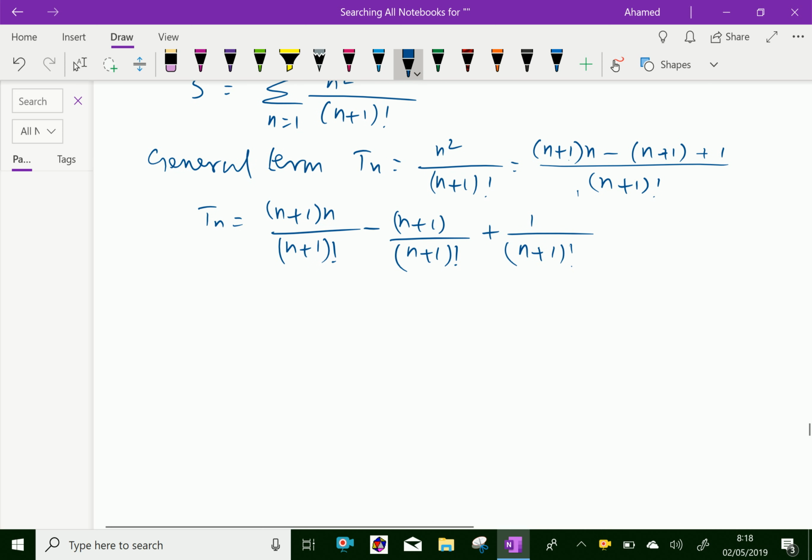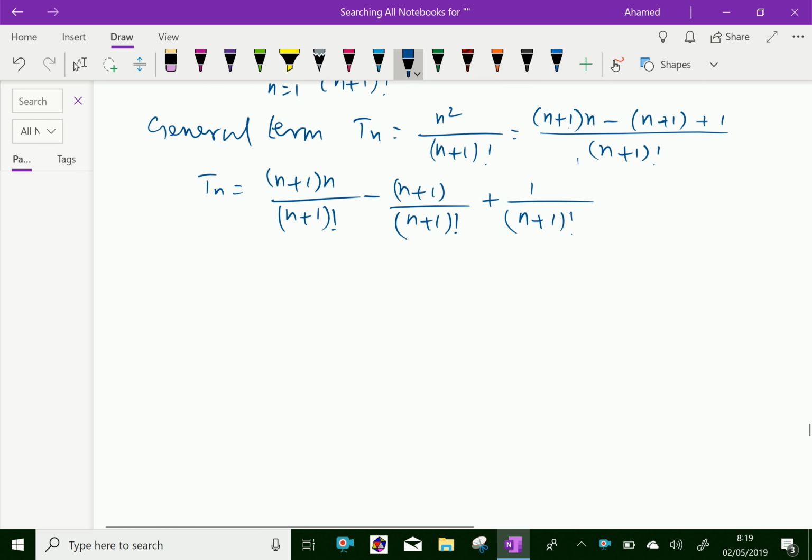Further, n plus 1 factorial in the first term can be written as n plus 1 into n into n minus 1 factorial.